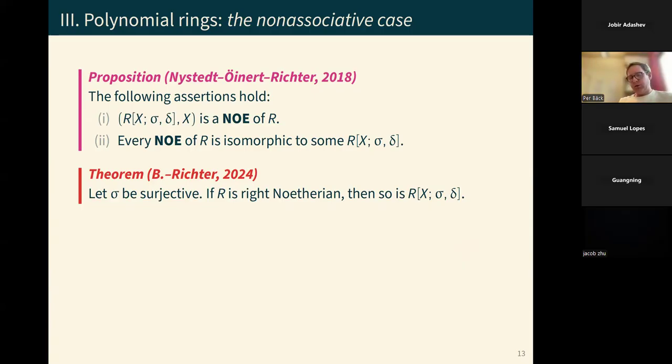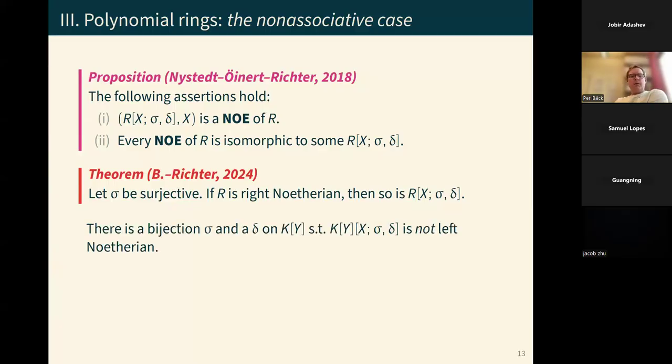So in the associative setting, if you consider the map not to be surjective any longer, this theorem fails even in the associative setting. So the smallest requirement you need is for this map to be surjective. So there are counterexamples where you have a right Noetherian ring, but where the Ore extension is no longer Noetherian if the map is not surjective.